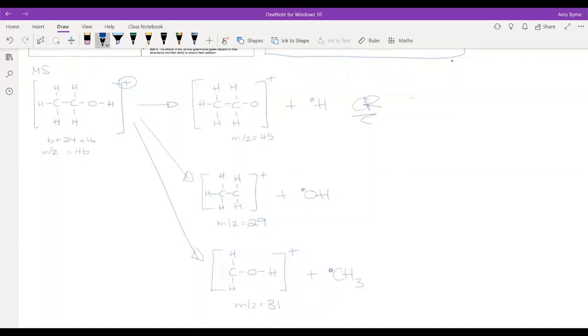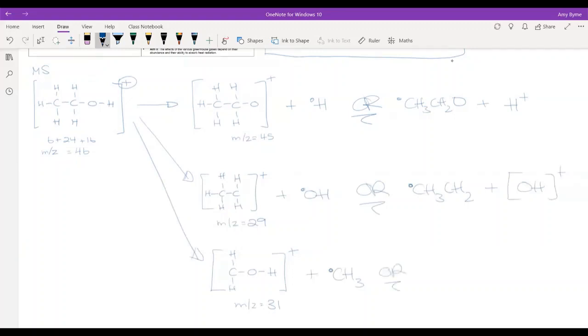an uncharged CH3CH2O and H+. Or I could end up with CH3CH2 and OH+.